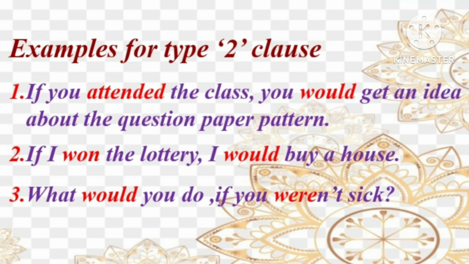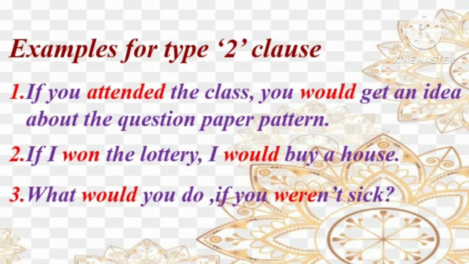If you attended the class, you would get an idea about the question paper pattern. So attended is in simple past, so according to type 2 rule, we have to use future past tense. So the future past verb is would.